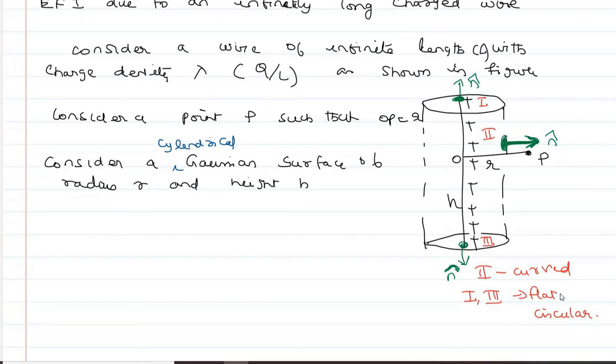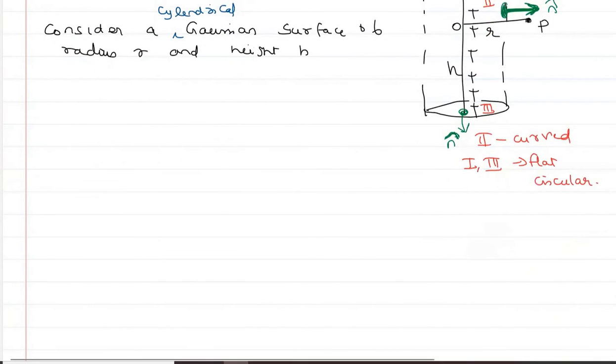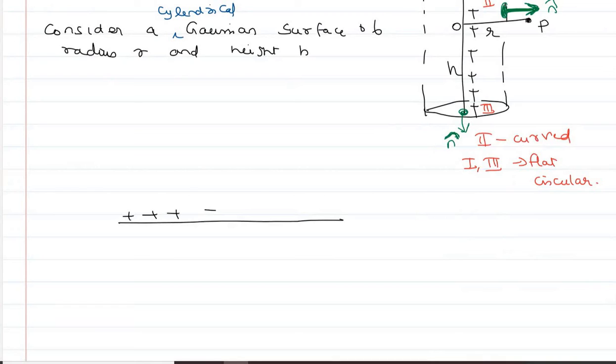The next, find the direction of the electric field. For finding the direction of the electric field, always remember, okay, this is the linear charge distribution. Consider this point P. From the point O, you take equal distances, A and A. And consider, due to this charge, what is the electric field at this point P?